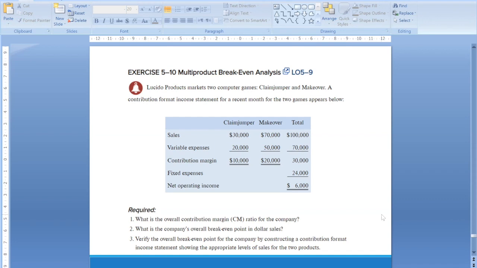We do have the two games, sales, variable expenses, contribution margin, fixed cost, net operating income, and the totals for the company. What is the overall contribution margin ratio for the company? This is simply the total contribution margin for the company, 30,000, divided by the total sales, which is 100,000.